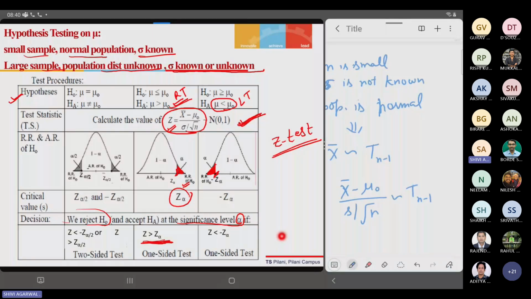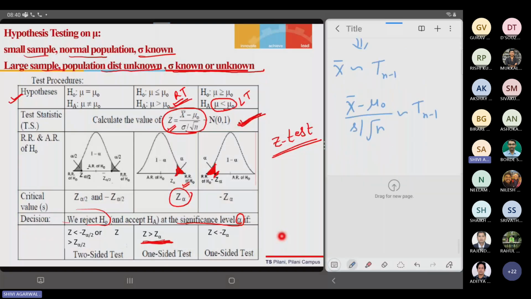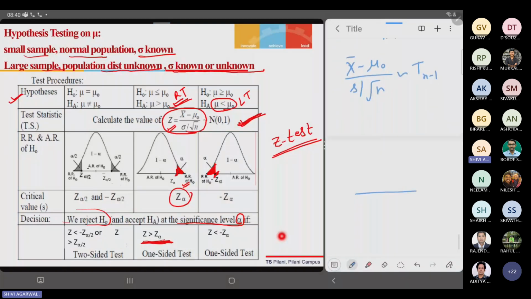Yes, we are using Z alpha by 2 when there is a two-tail problem. So if you remember, in the confidence interval also, when we are using the two-sided confidence interval, we are using minus Z alpha by 2 and Z alpha by 2. But if we are taking a one-sided confidence interval, at that time we are using Z alpha. Same thing.